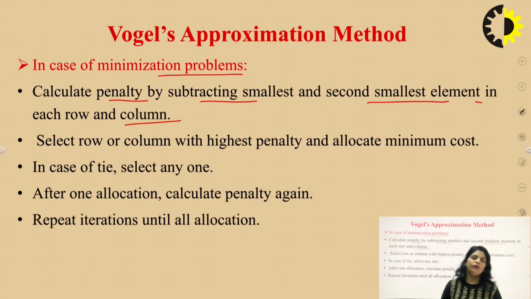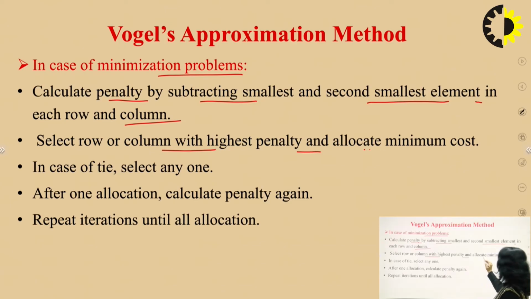So here what we will do, we will find out the penalty row wise and the column wise. And if it is the case of the minimization, then we will select the minimum cost and the second minimum cost in the respective row or the column and we will subtract it. Then we will select the row or column with the highest penalty and allocate the minimum cost.